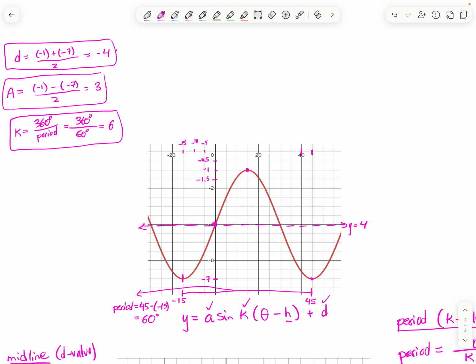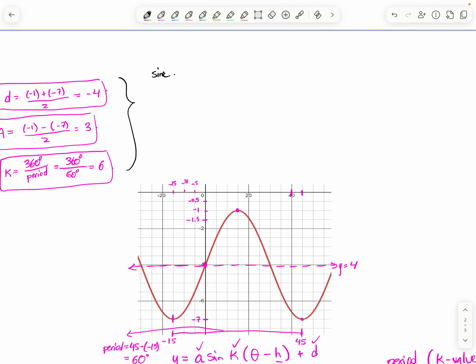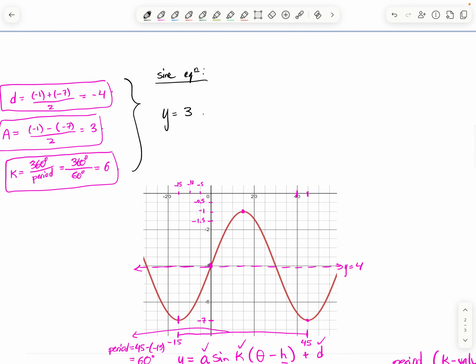It crosses at the midline and goes up, so it's a positive sine. So the sine equation is going to be y equals amplitude 3, positive because it's going up, and then K value is 6, and I don't need any phase shift because it's starting there, so 6 theta minus 4. That would be one valid equation for sine.